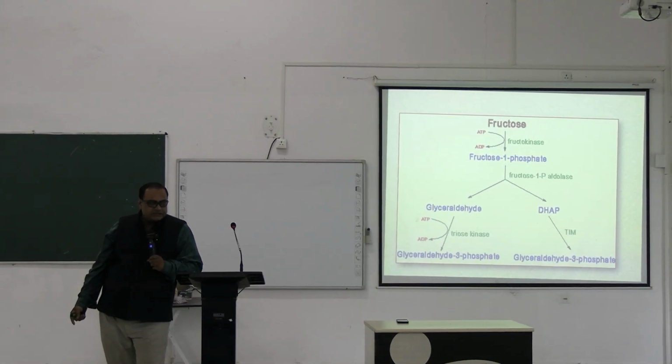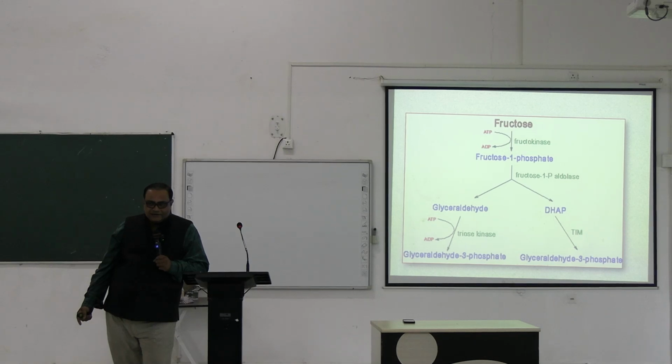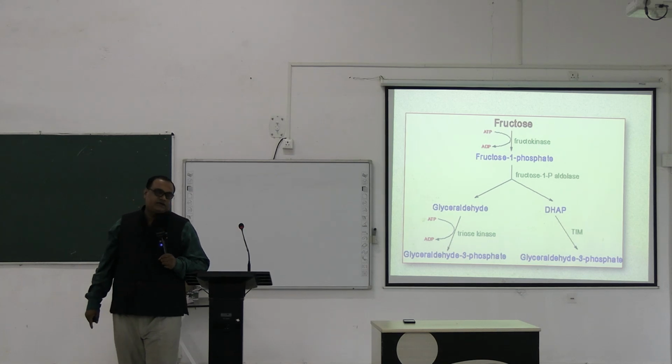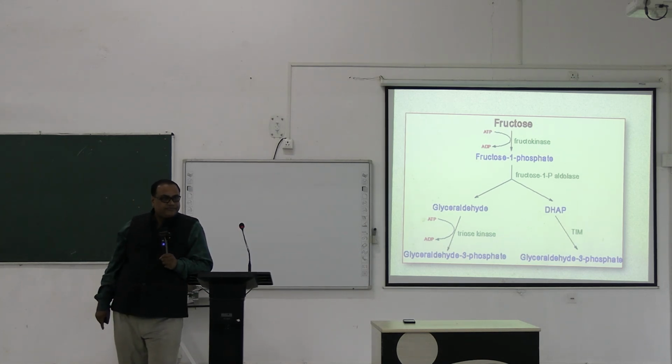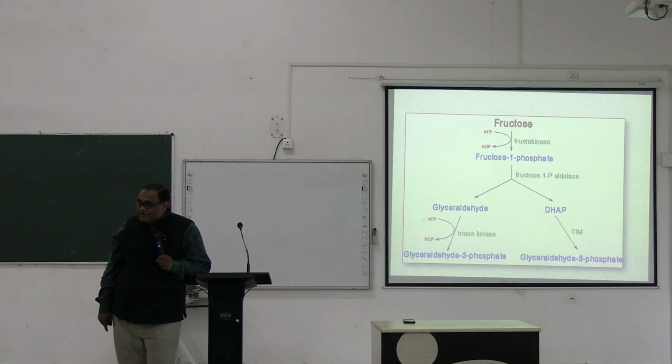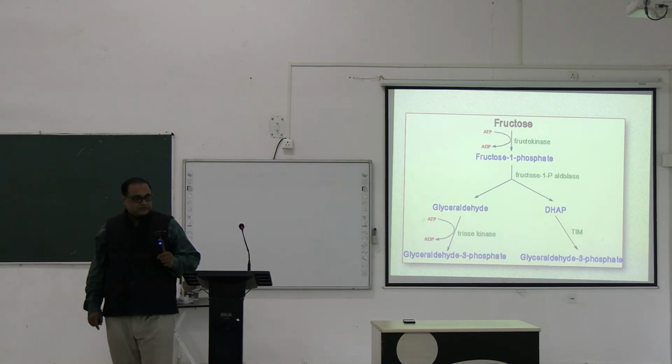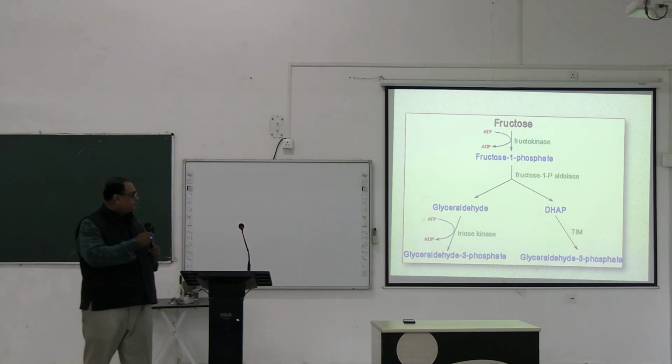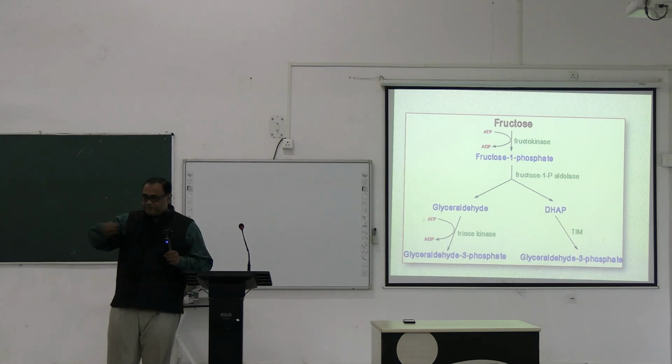Does liver have hexokinase? No. Some other tissues might have hexokinase, like intestinal tissues. The liver has no hexokinase, so in the liver only fructokinase. Fine? That's why, if you see the diagram in many books, on the same page they have drawn the major and minor pathway.